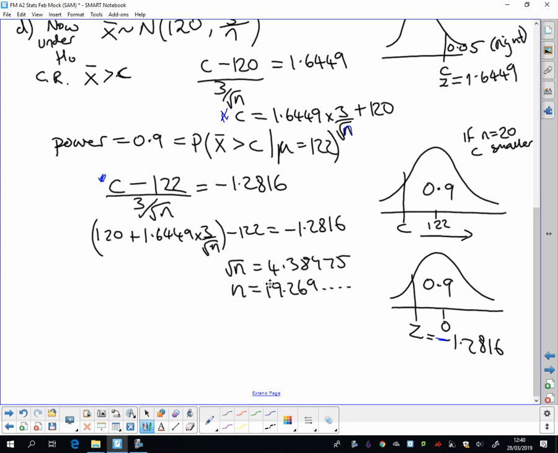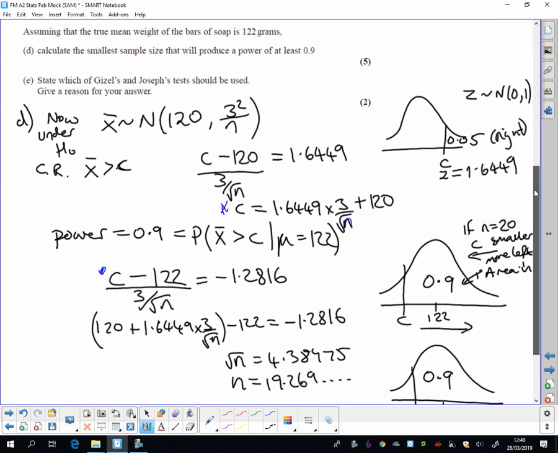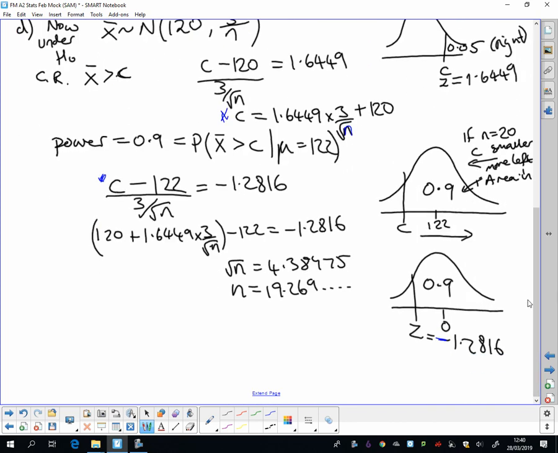So that means on our diagram, it would be more to the left, which means the power, this area, increases. So if the area increases, it will go above 0.9, whereas if n was 20, then c would move to the right, and then the area would end up being below 0.9.